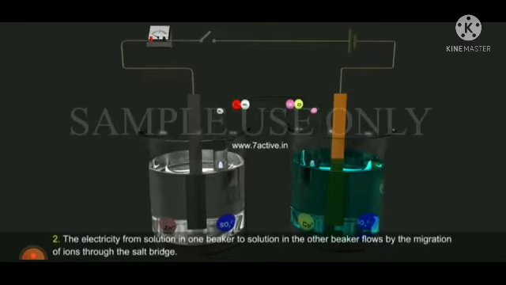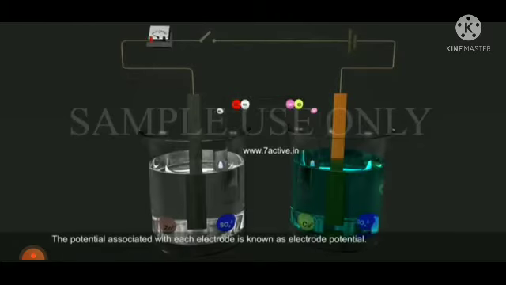2. The electricity from the solution in one beaker to the solution in the other beaker flows by the migration of ions through the salt bridge. The potential associated with each electrode is known as electrode potential.